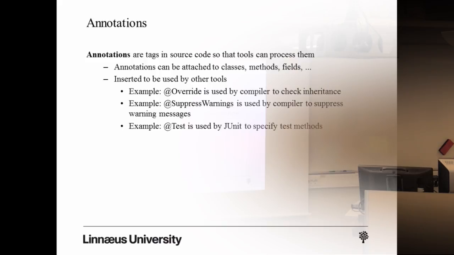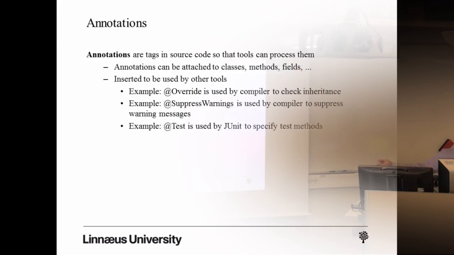So coming back to the annotations, we have already seen this. Basically the annotations are metadata, or tags, that are used to provide specific instructions to your compiler or other tools that you use. We have several different annotations. We have @Override if you want to override a method from the parent class in your child class.